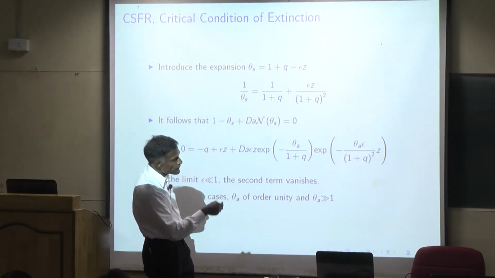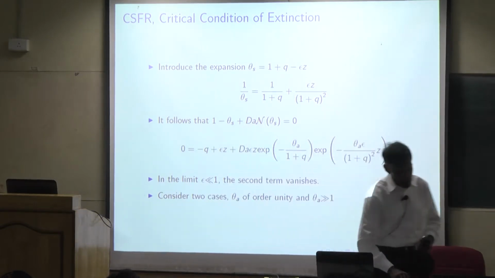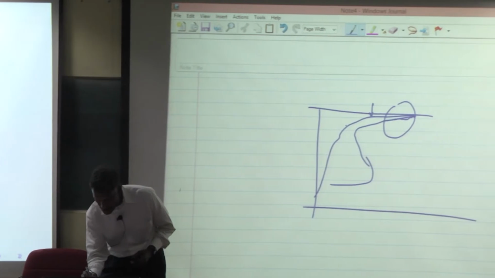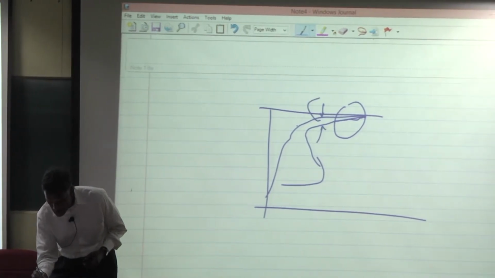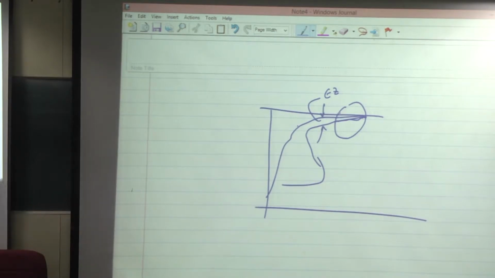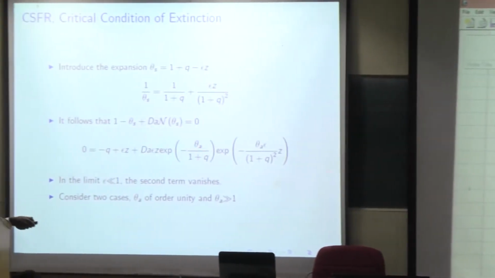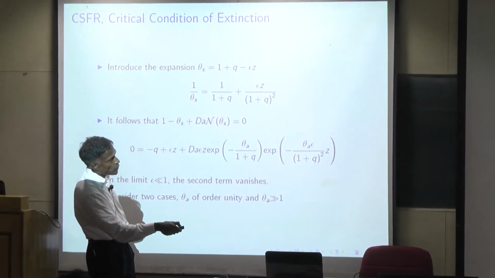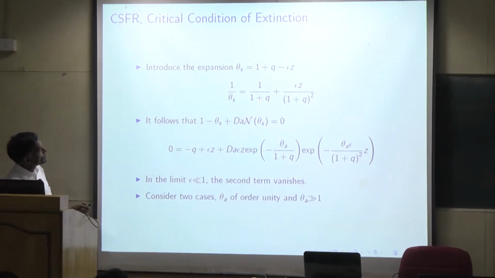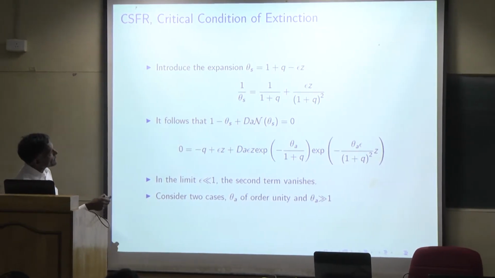This epsilon Z is just going to be this distance here, epsilon times Z, and this is 1 plus Q. Z is a variable, so I'm going to allow Z to change so that I can go around this curve. So now I can write 1 over theta S as this.